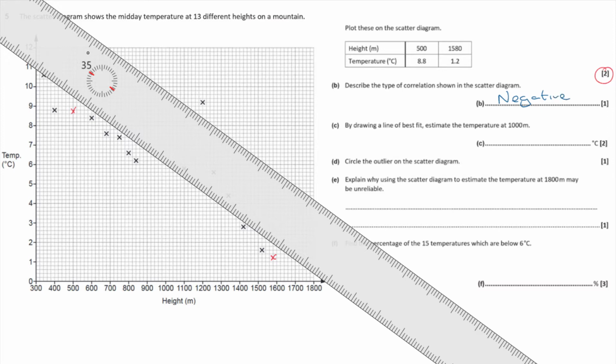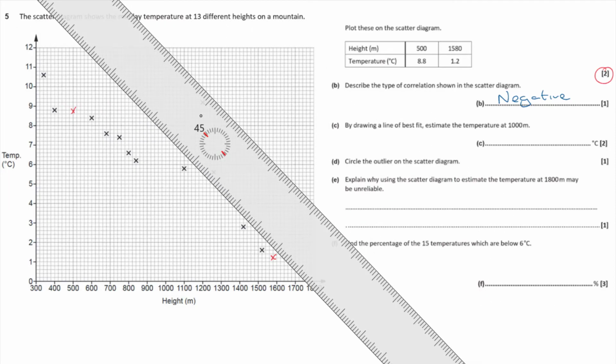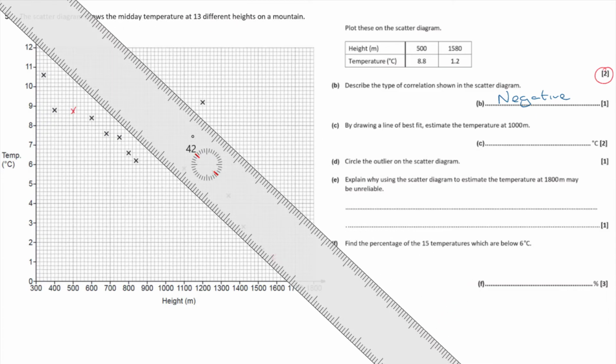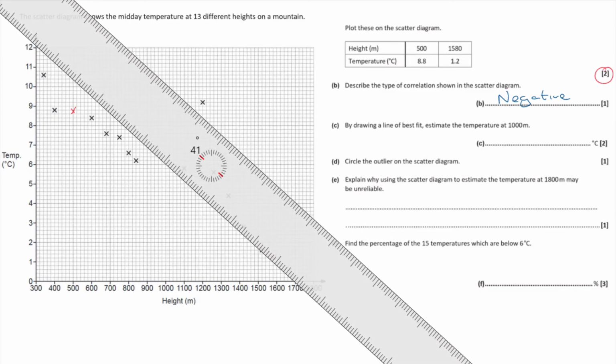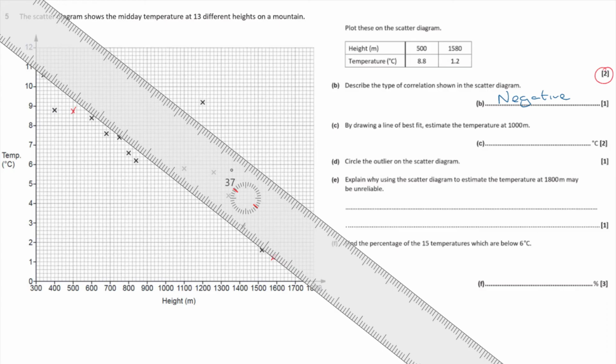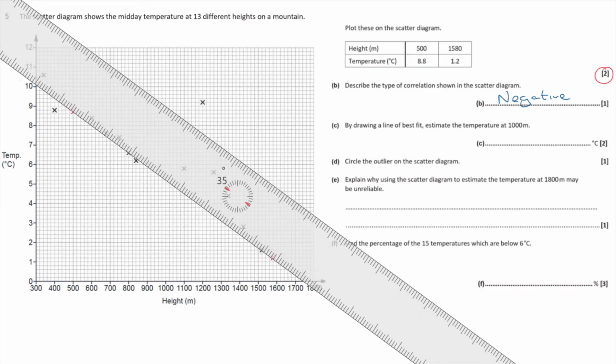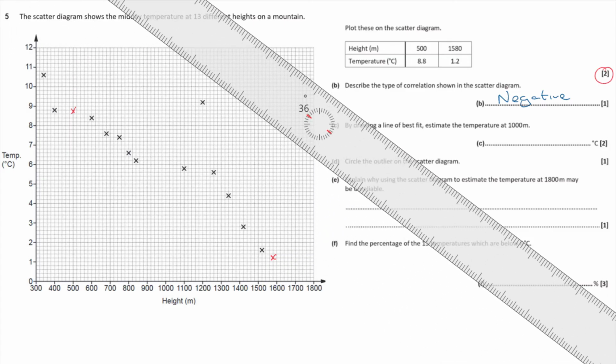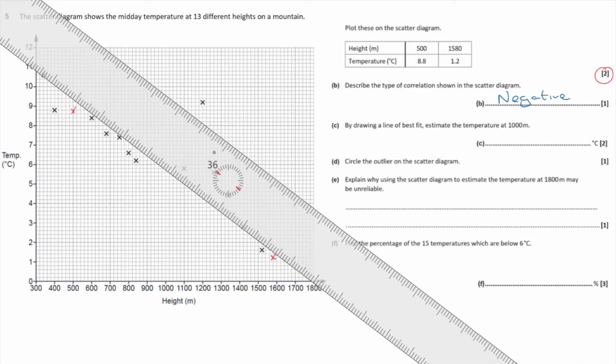Okay, so by drawing a line of best fit, estimate the temperature at 1,000 meters. Right, so my line of best fit has to follow the basic trend of the points. Try and angle it so it goes through your data so that there's about the same amount of points on either side. So something like that maybe.